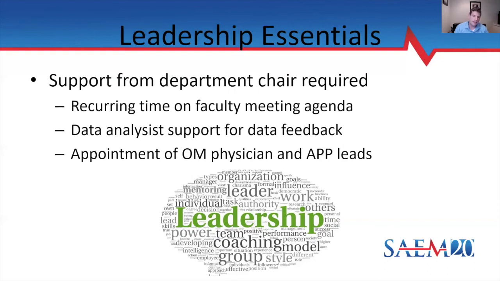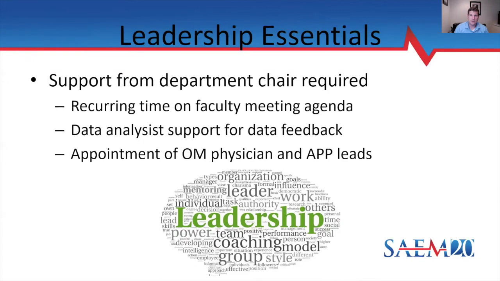And then lastly, there really needs to be recognition of a leadership role for the observation services, and that's typically a physician, but at a lot of places that have APP-run observation units, a lead from that group as well should be recognized.